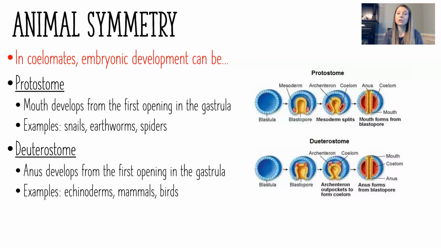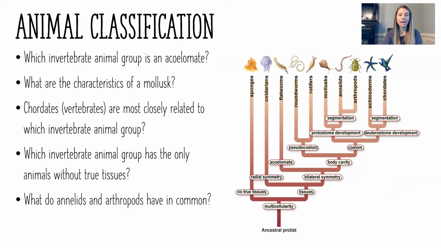And then if they have deuterostome development, it's actually the anus that develops from that first opening in the gastrula. This is going to be your more complex animals, like mammals and birds, but also the echinoderm group in invertebrates, which is why, going back to this cladogram that I showed you earlier, we think that echinoderms are more closely related to vertebrates, mammals, humans, than any other invertebrate, because their development is more similar and they share more similar characteristics.